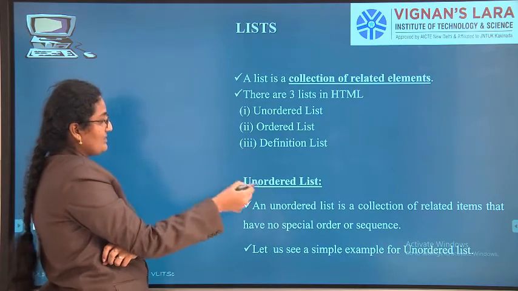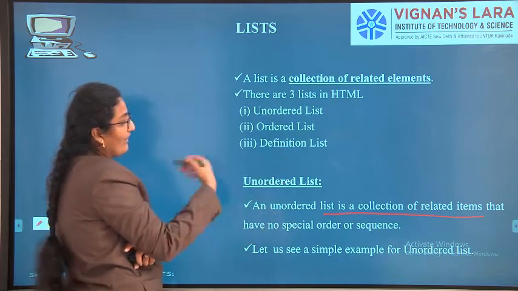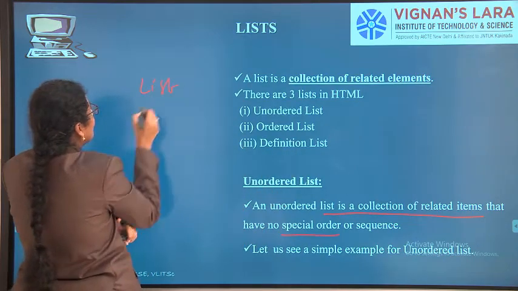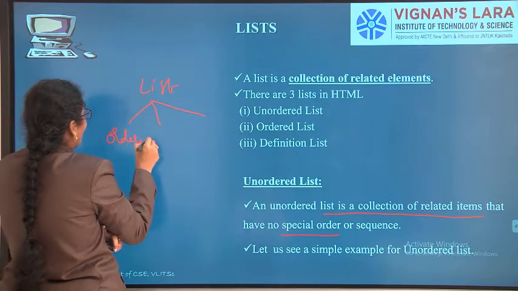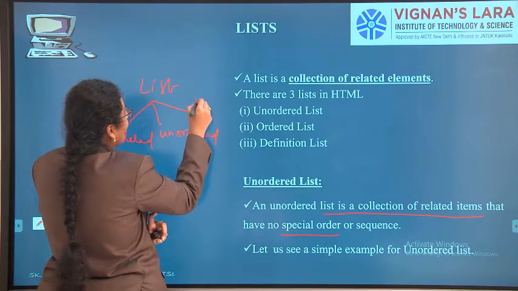So unordered list is also a collection of related items that have no special order. See, list is divided into 3 types: ordered, unordered and definition.